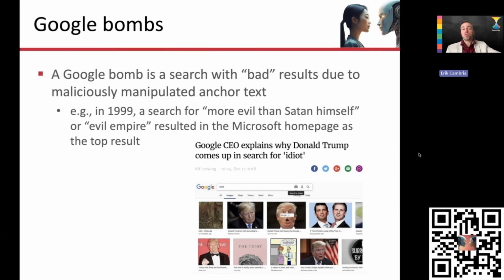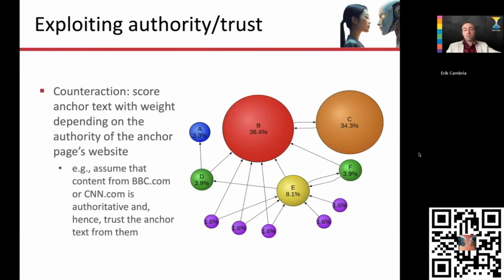You could just create a web page and put it on your server or even your blog post, and then create a lot of other pages that link to this. And then Google would be fooled into giving results that are not really what they were meant to be, like the idiot Google bomb for Donald Trump.